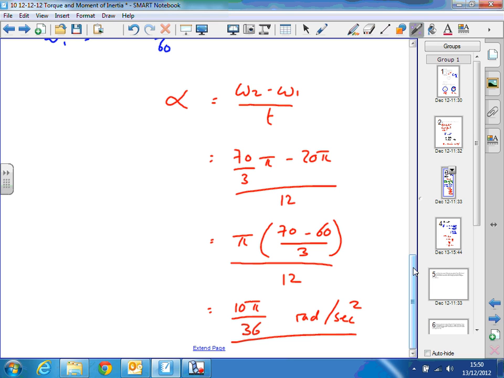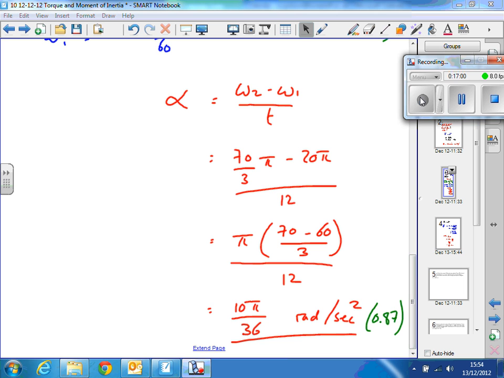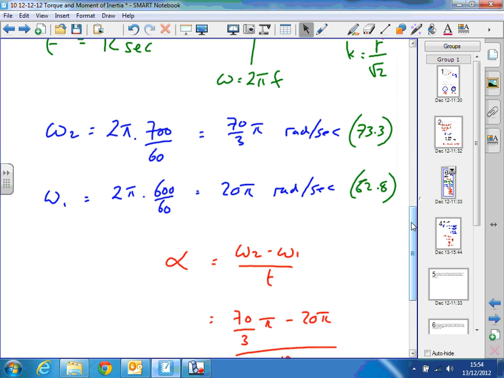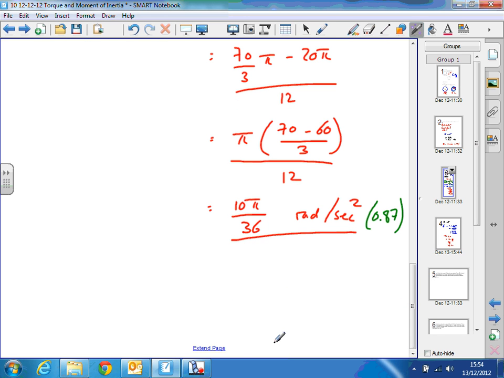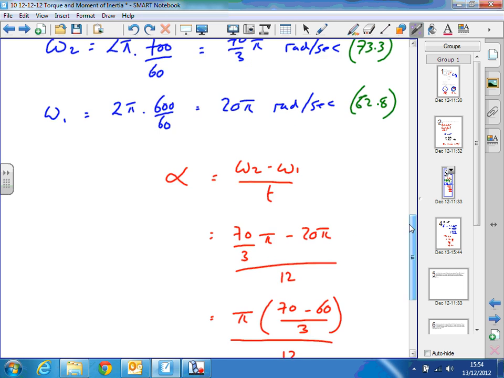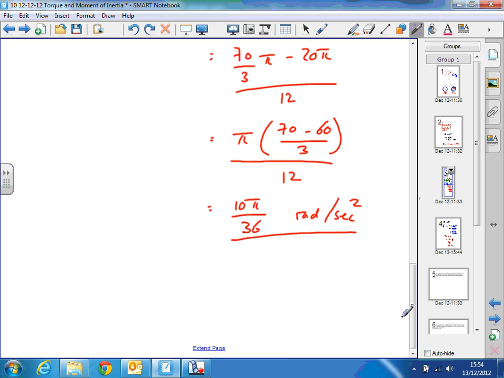If you want to know what that is on the calculator, that should be the answer you get anyway, in radians per second squared, 10 pi over 36. In green, we've got the approximate answers that you might get on the calculator, but of course, leaving it in terms of pi, this is an exact answer: 10 pi over 36, or 5 pi over 18.